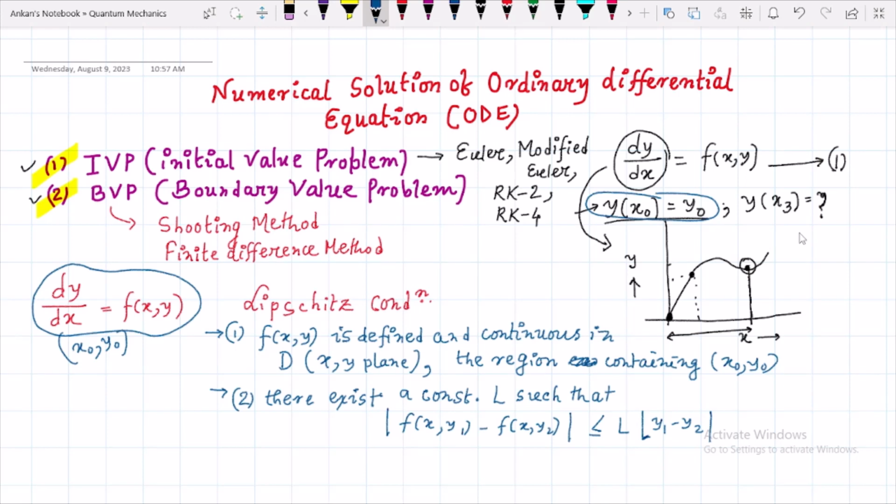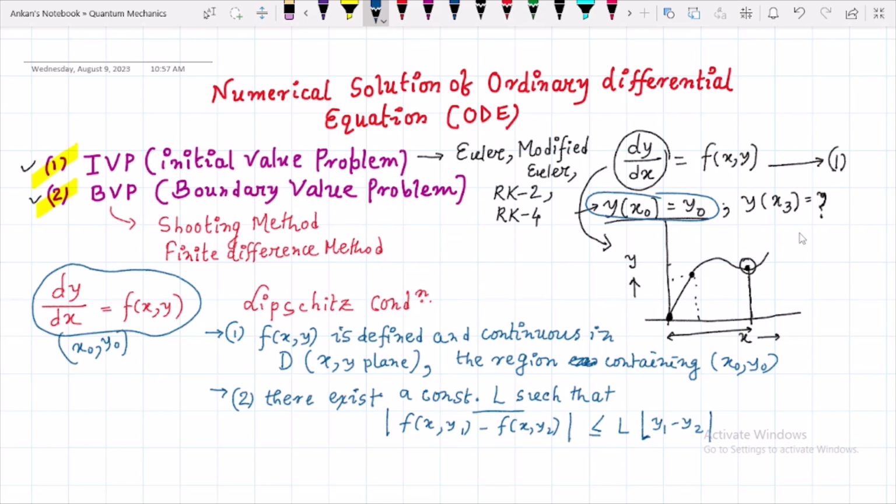So the function at the points (x,y1) and (x,y2) must differ by no more than the constant multiplied by the difference between y1 and y2. These are the two conditions that must be satisfied by the differential equation so that it can get a solution.